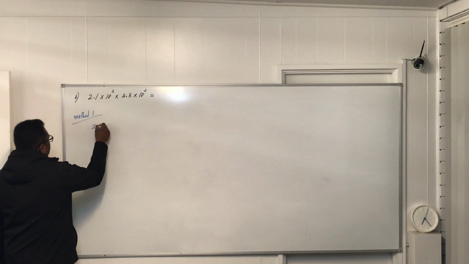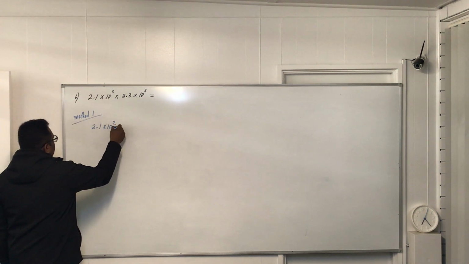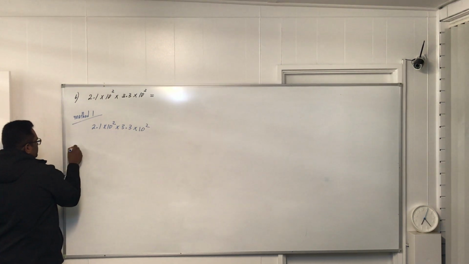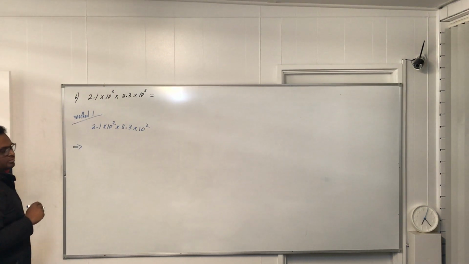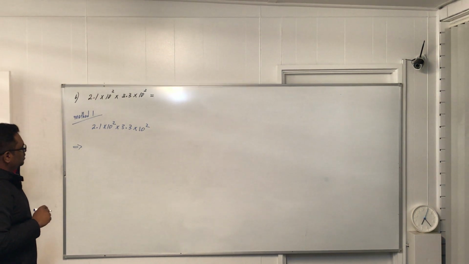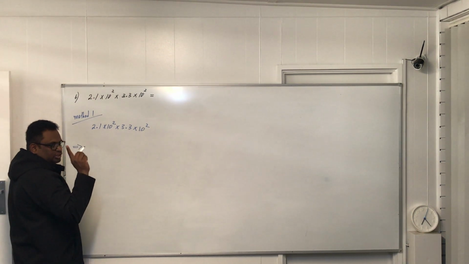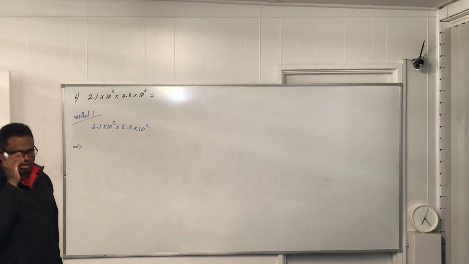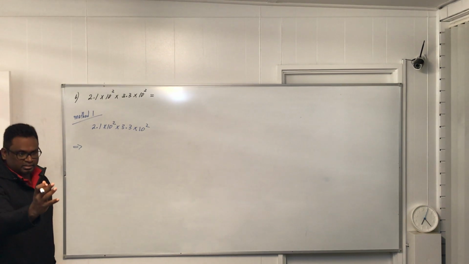So my question is 2.1 times 10 to the power 2 times 3.3 times 10 to the power 2. What I will do, watch carefully. Watch carefully when I am explaining. Understand how I am thinking and follow that.